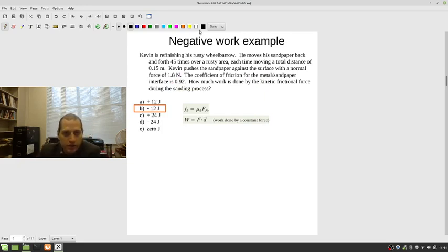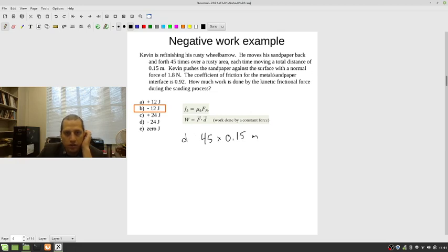Okay, so for instance, here's an example. It says Kevin is refinishing his rusty wheelbarrow. He moves his sandpaper back and forth 45 times over a rusty area, each time moving a total distance of 0.15 meters. Okay, so he goes 45 times, and each time he goes 0.15 meters.